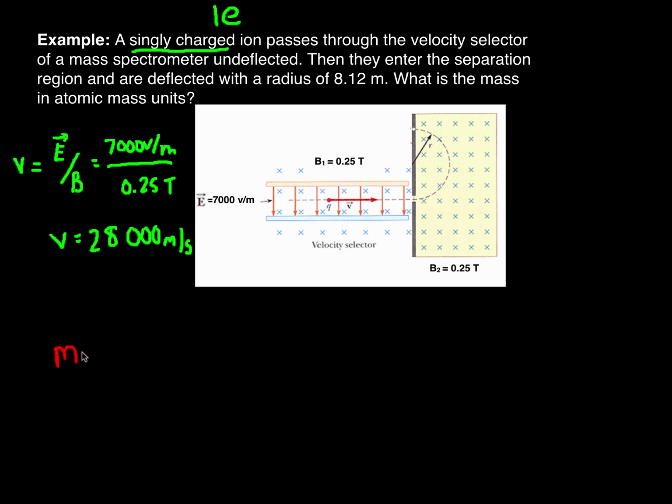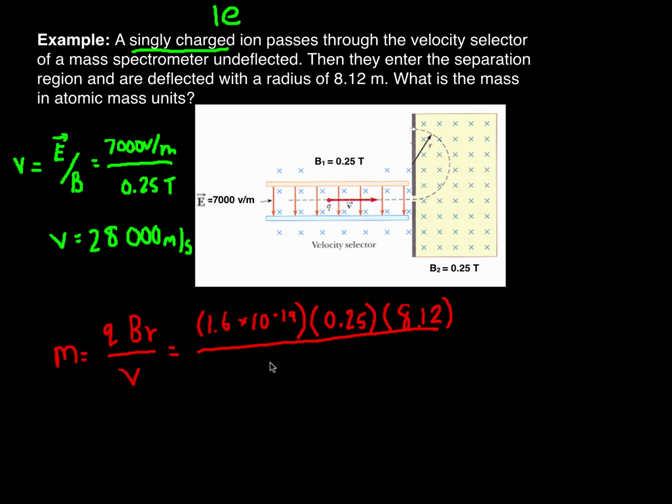The mass for a particle traveling with circular motion through a magnetic field is given by QBR over V. Since it's singly charged, this is 1.6 times 10 to the negative 19 coulombs times the magnetic field of 0.25 teslas times the radius of 8.12 meters divided by the velocity, which is 28,000 meters per second. This gives us a mass in kilograms equal to 1.16 times 10 to the negative 26 kilograms.